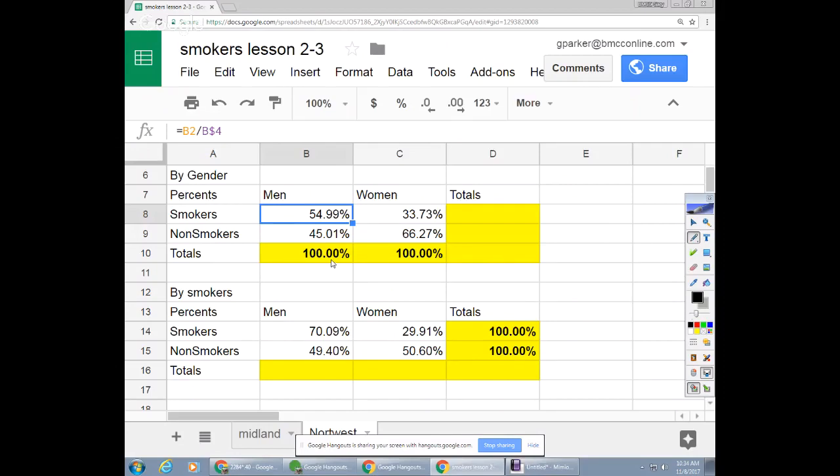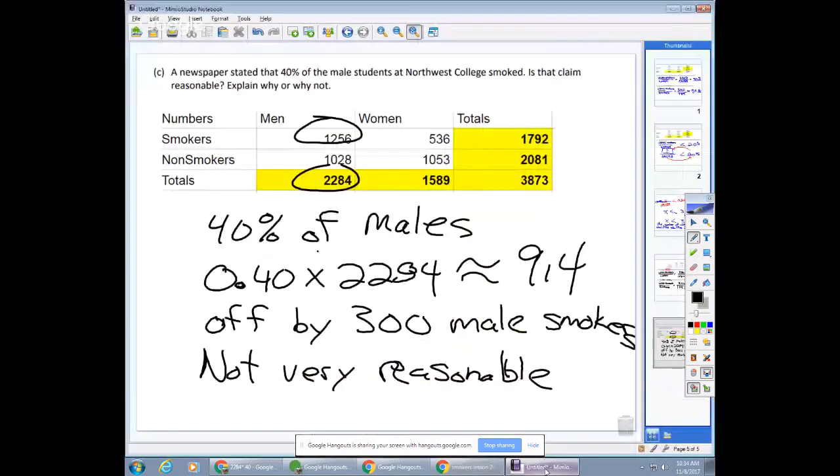They said 40%. So if this was the university saying this to the newspaper, they're understating the number of males who smoke. There's more men that smoke at the university. So then I question who came up with that? What's their motive? Is it just a mistake, or are they trying to let people know, nah, there's not that many men who smoke? But they're wrong.